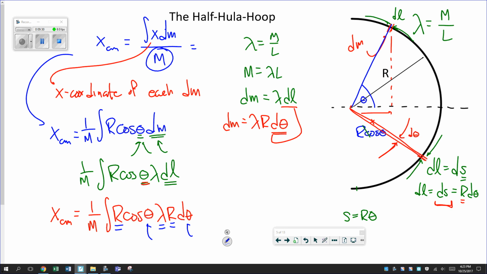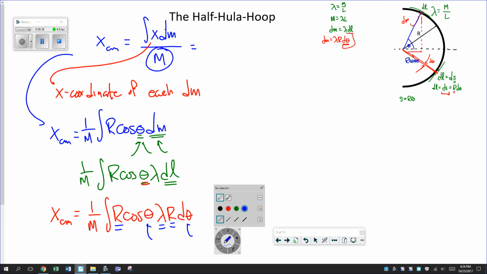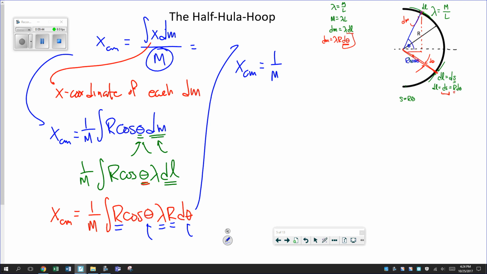So the position of our center of mass is 1 over m. Let me pull out all the stuff that's constant, the r, the lambda. We get r squared lambda over m times the integral of cos theta d theta.